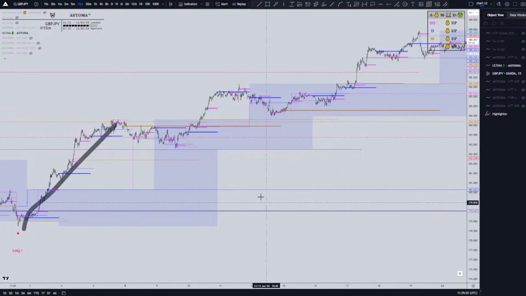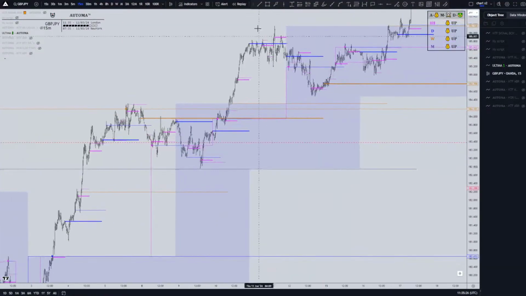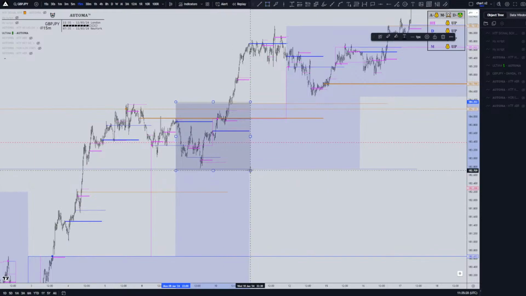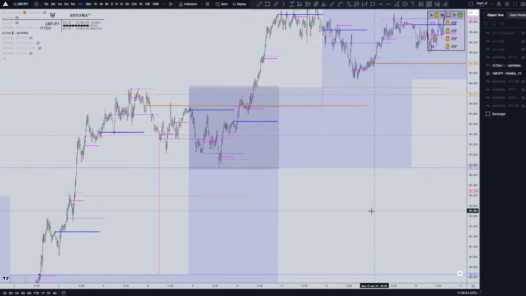I think I can ask the question in the chat: what is the sign of strength for daily in this price action? So in this price action, what is the sign of strength for daily time frame? Whoever is a member should know it.